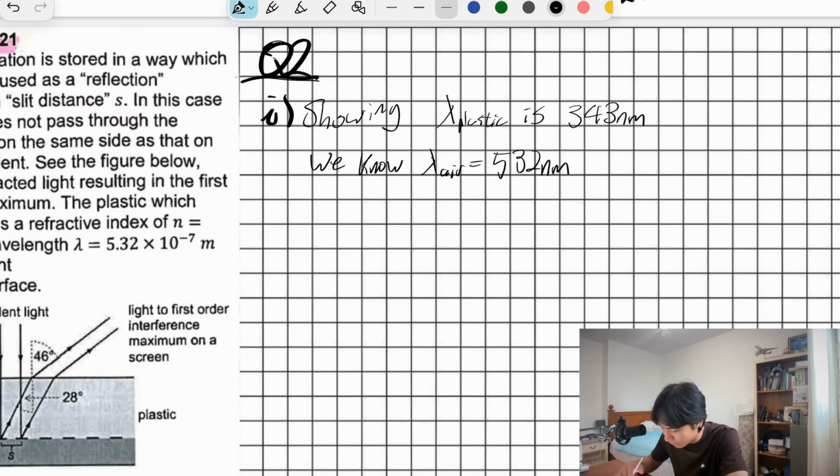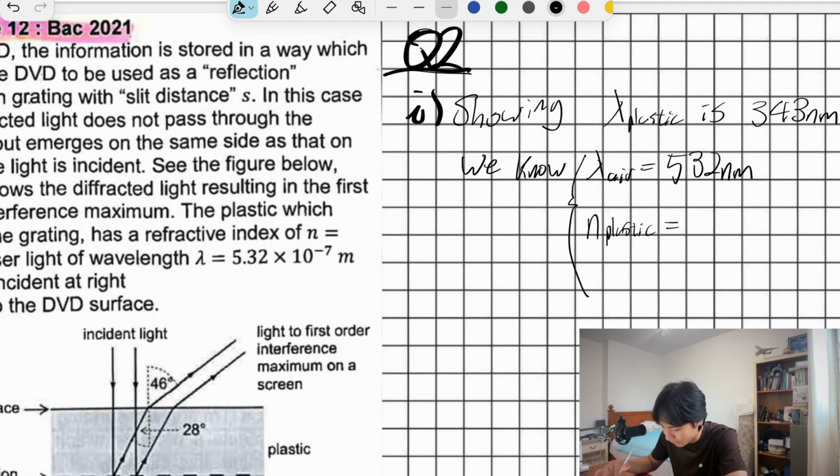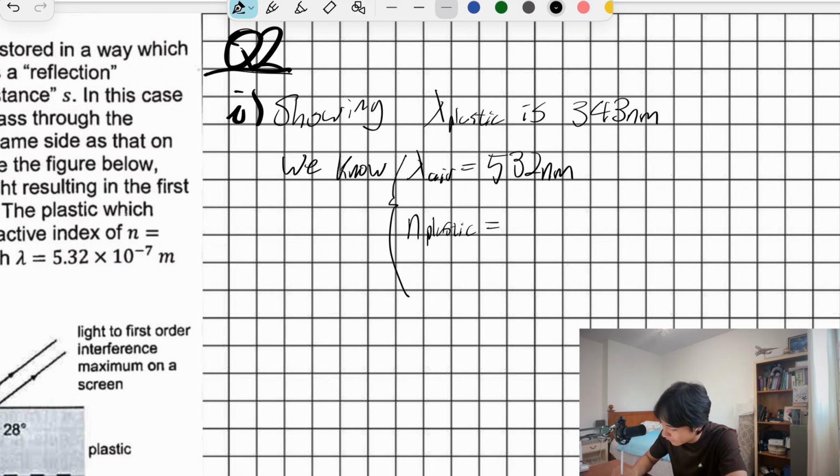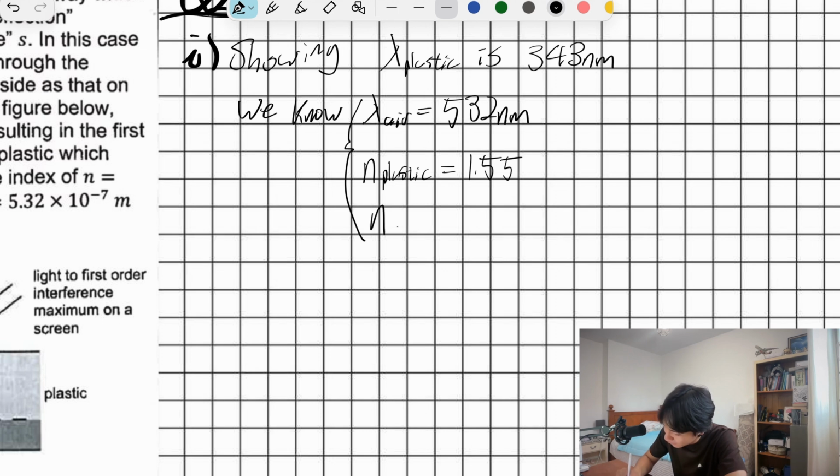And we know that the refractive index for plastic, n plastic, is 1.55. Refractive index does not have a unit, and we know that n air is just a constant, we just say 1.00. Technically, refractive index for air and vacuum are slightly different, but it's not by much, so we just say they're the same thing.